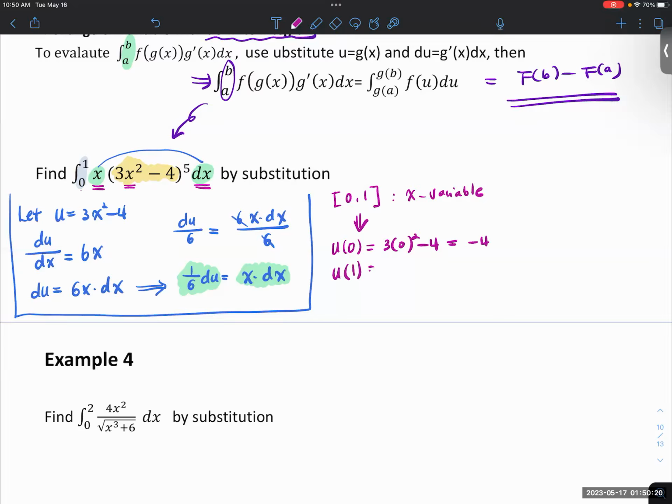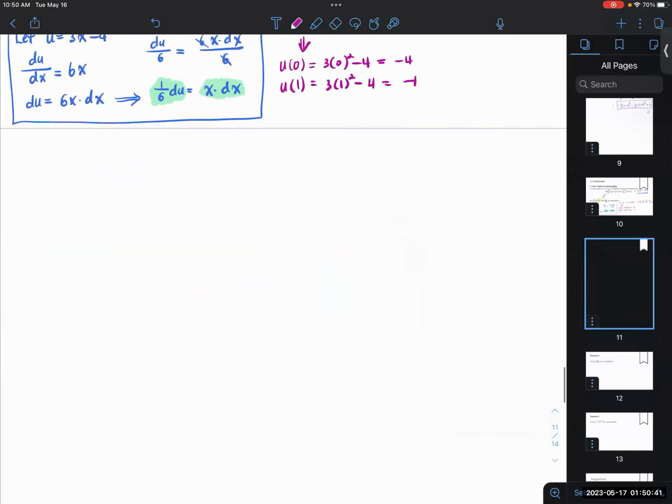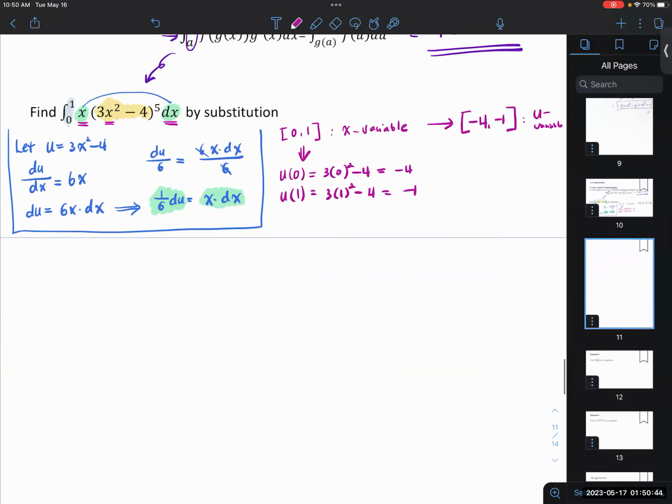And then 1 is 3 times 1 squared minus 4, negative 1. So this x interval, we convert it to negative 4 to negative 1. This is in terms of the u variable. Very important step: because you are dealing with the u variable, the interval also needs to change in terms of u. Does it make sense? So plug in x equal to 0 and x equal to 1, and you find the new interval in terms of the u variable.